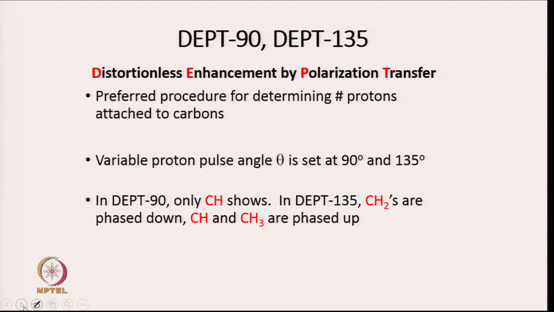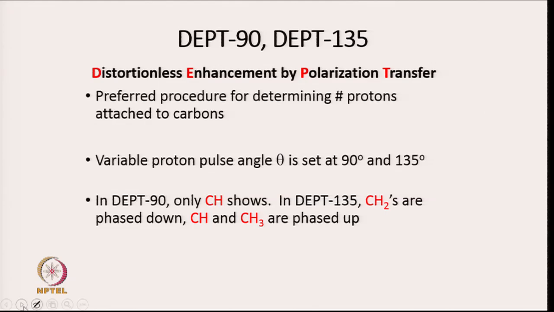This 90, 135 is basically your proton pulse angle. If the proton pulse angle is set at 90 degrees, it is known as DEPT 90, whereas if the proton pulse angle is set to 135 degrees, then it is known as DEPT 135.